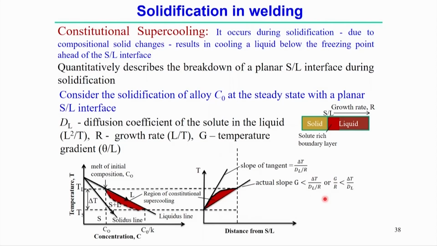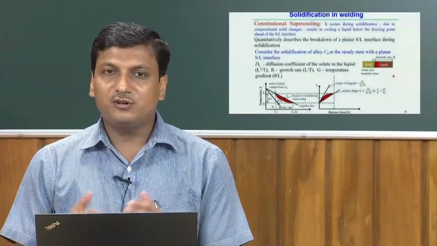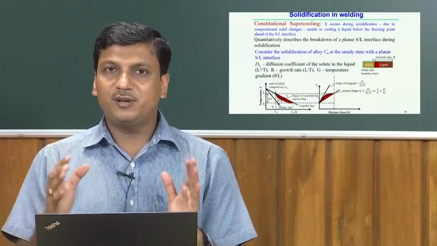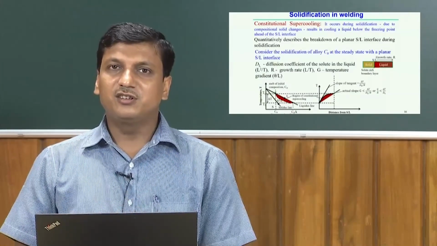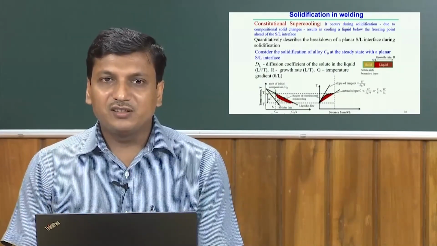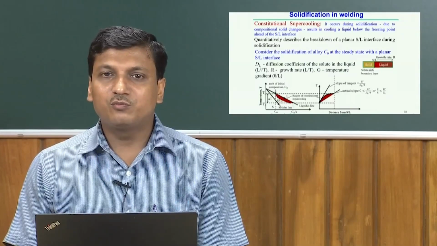Graphically, this slope is less than the estimated slope. So, to have constitutional supercooling, the condition G by R less than delta T by DL is satisfied. That is the mathematical condition during solidification, in which case we have constitutional supercooling.